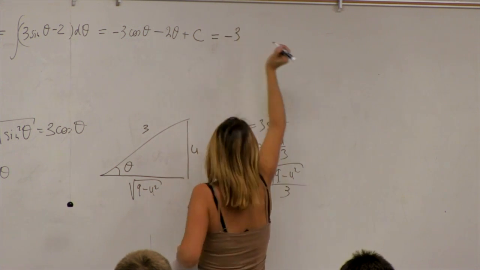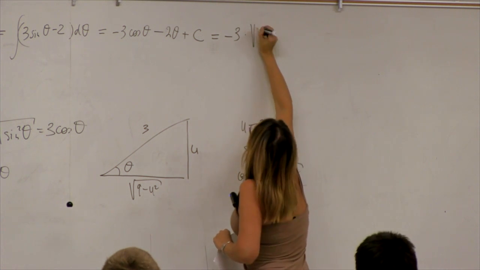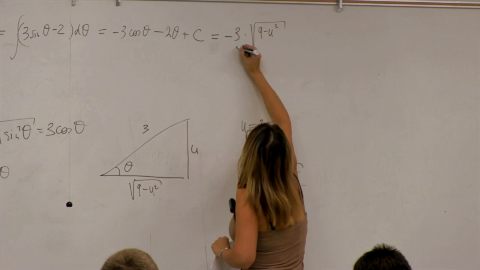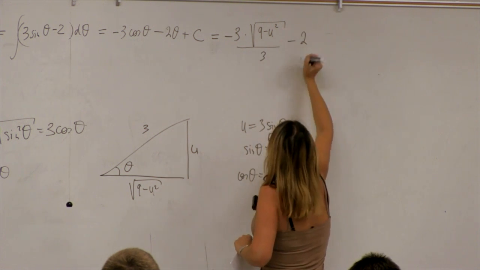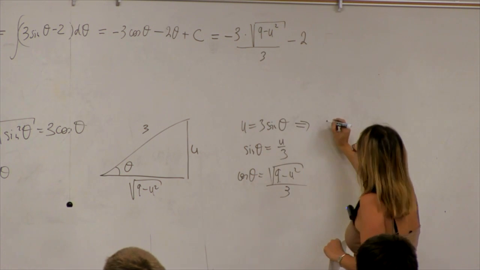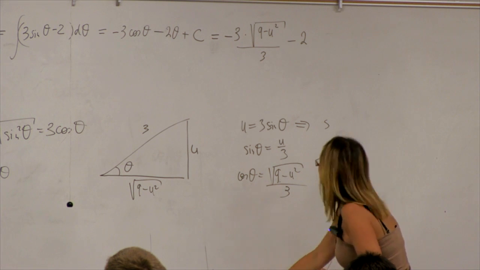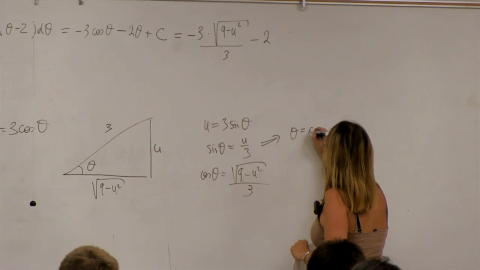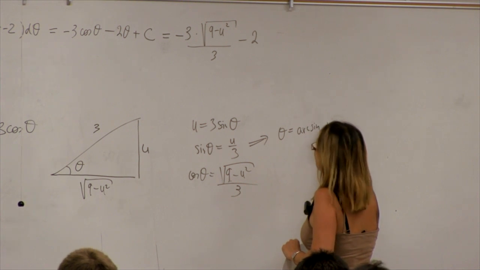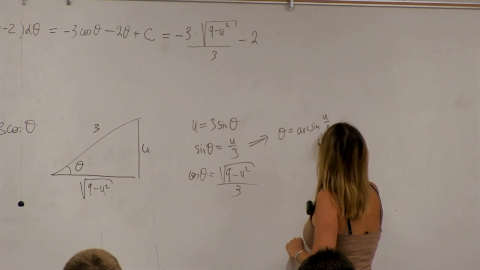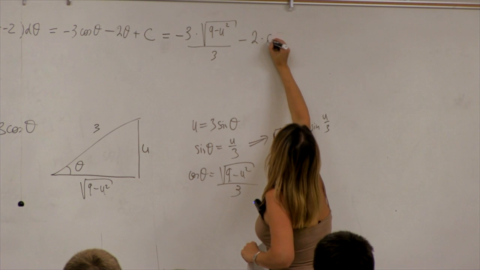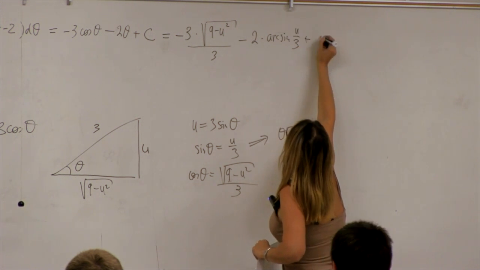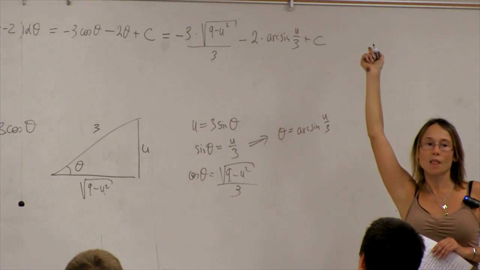So minus 3 times the square root of 9 minus u squared over 3, minus 2 theta. Theta is arc sine of u over 3. So arc sine u over 3. Almost done.